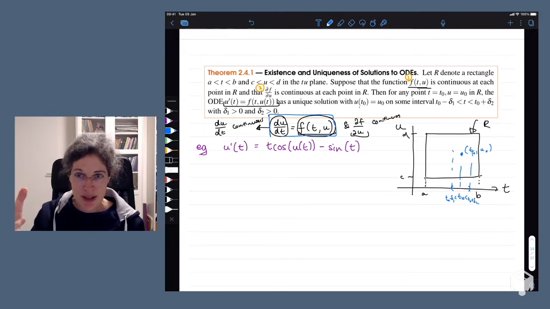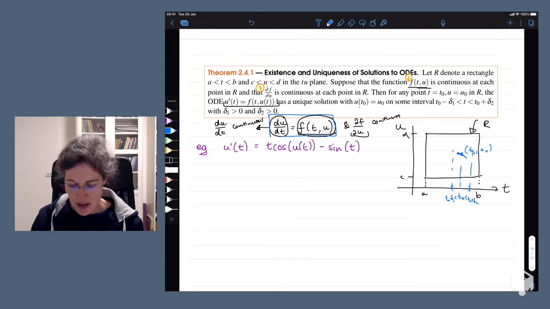If you think about what this means, basically I can start looking at this point, and find my solution around a little bit. I can look at this point and I'm guaranteed to find a solution over there, and then I can move a bit and I'm guaranteed to find a solution.